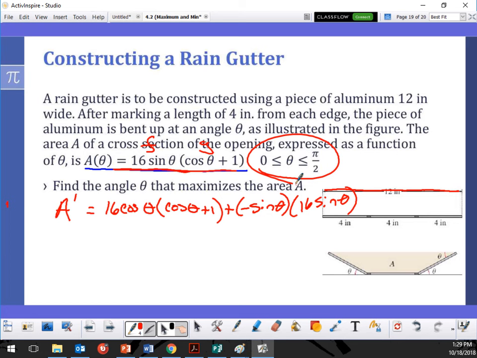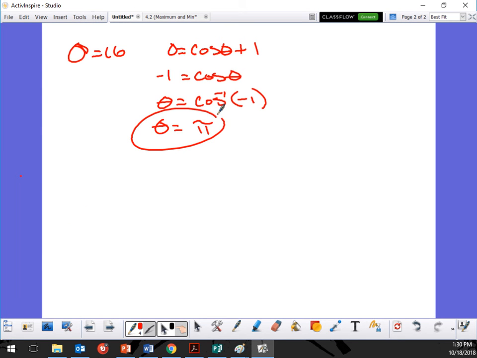So if that's straight up and down, what do you think pi would be? Laying straight flat, right? So if it's laying flat, that would be a minimum volume, wouldn't it? That's going to take care of that. But it's outside my interval, so I'm going to disregard this.